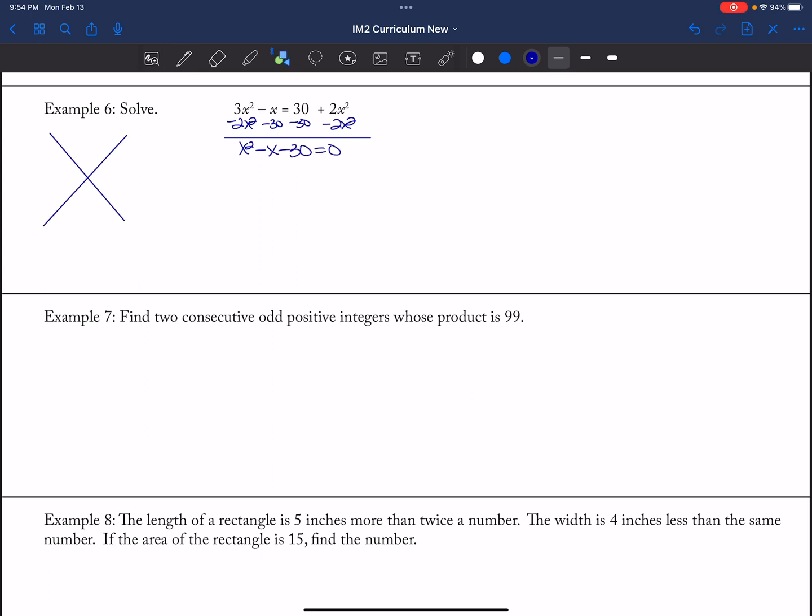Then when I draw my x, I have negative 1 on the top, negative 30 on the bottom, so negative 6 and a positive 5. So x minus 6, x plus 5 is equal to 0. So x minus 6 is equal to 0, x plus 5 is equal to 0, so x is equal to 6, and x is equal to negative 5.